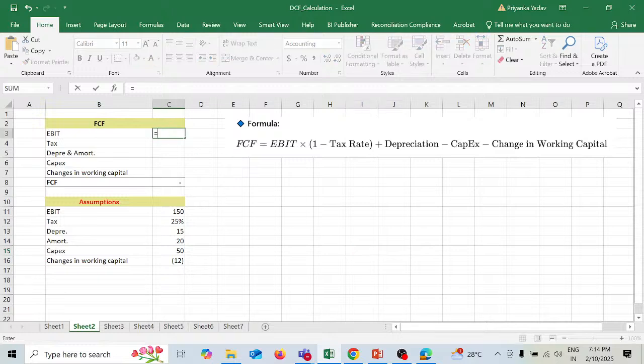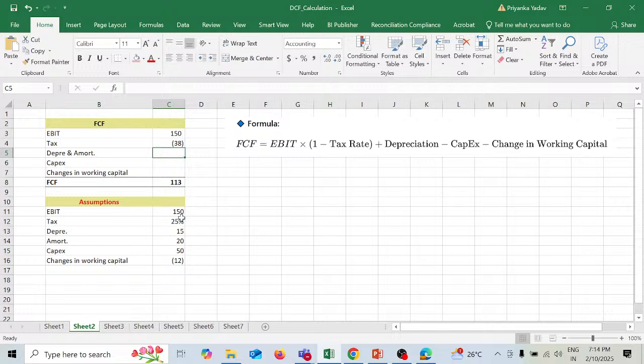EBIT will be as it is, there is no calculation in it. For tax over here, you've got EBIT multiplied with your tax rate, and since tax is an expense, this would be in minus, this would be negative.